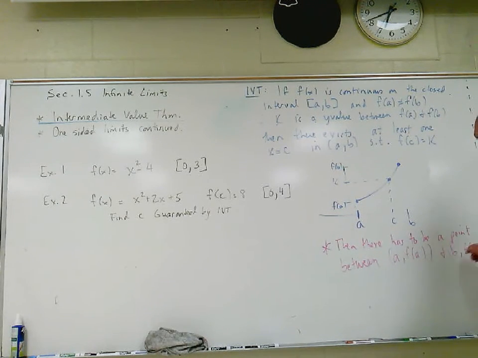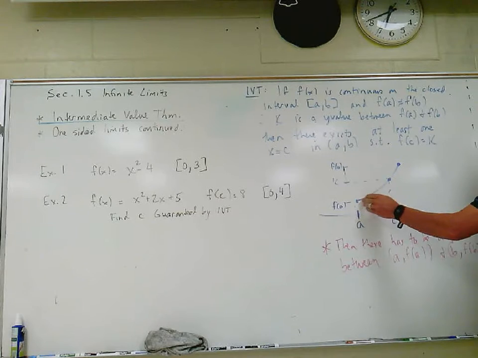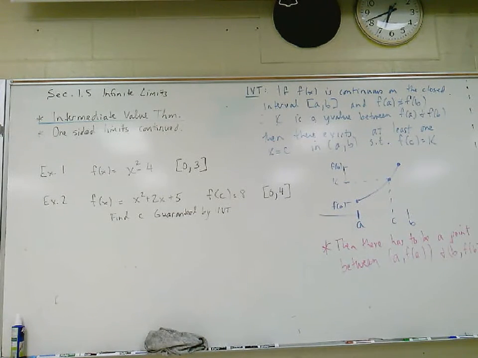Why does there have to be a point? Well, because the graph is continuous, and you can't just jump from here to there, okay? And that point we're talking about is the (c, K) point.